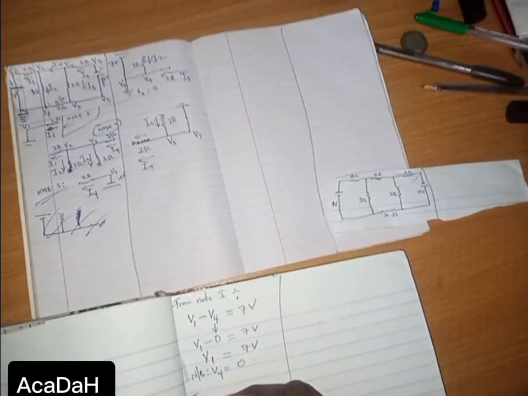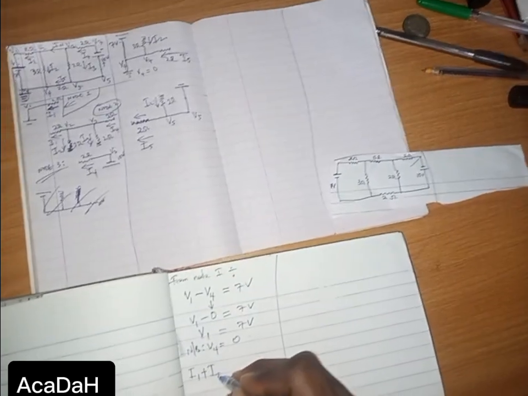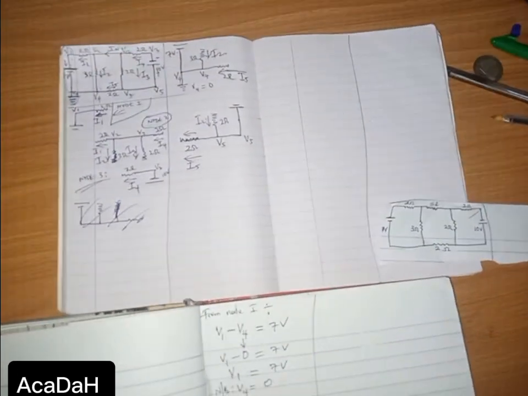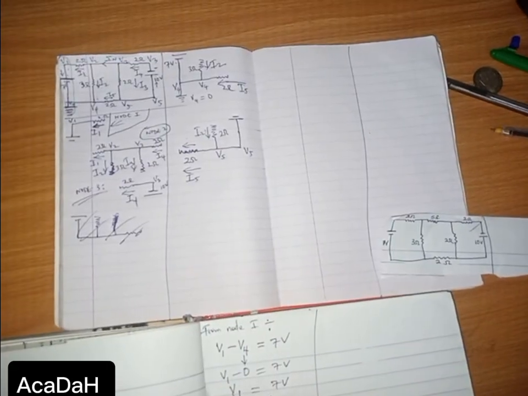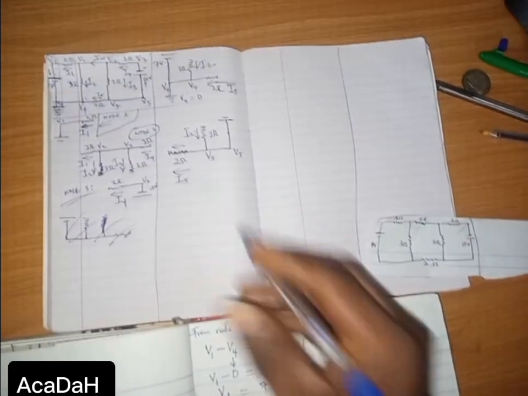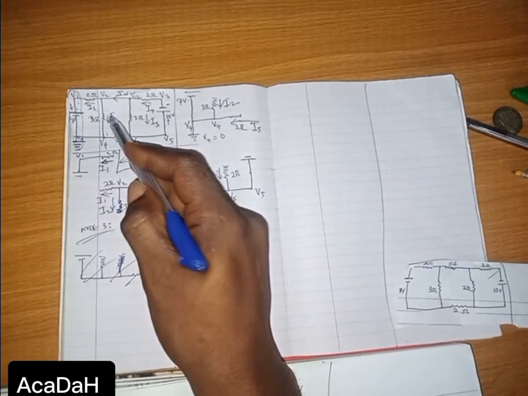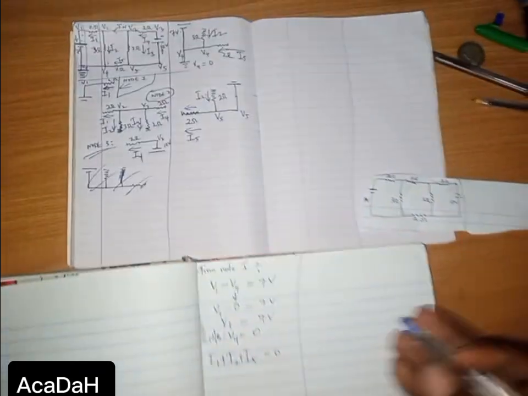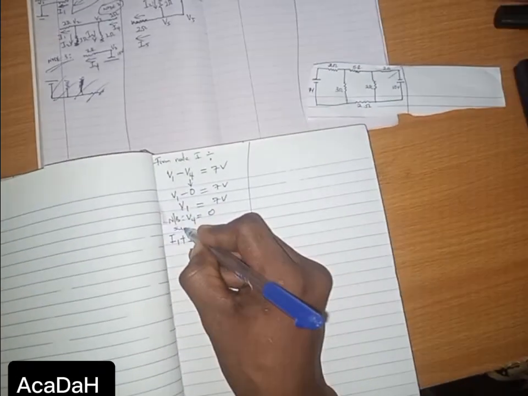So I2 plus I5. Any other one goes to 0. So I5 entering, I2 entering, I1 entering. So that's the super node.